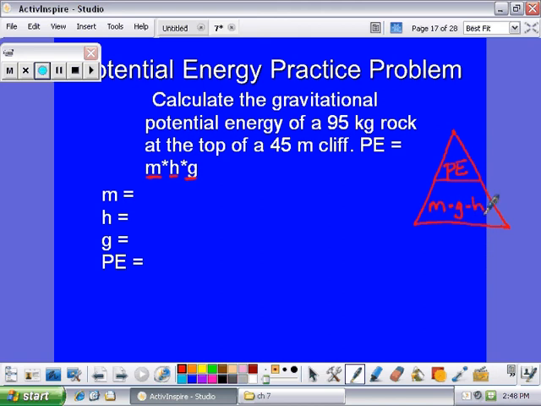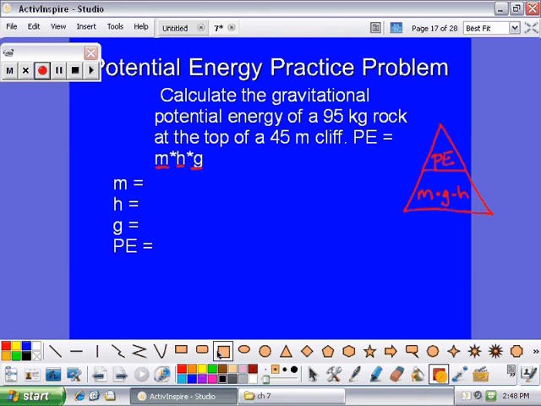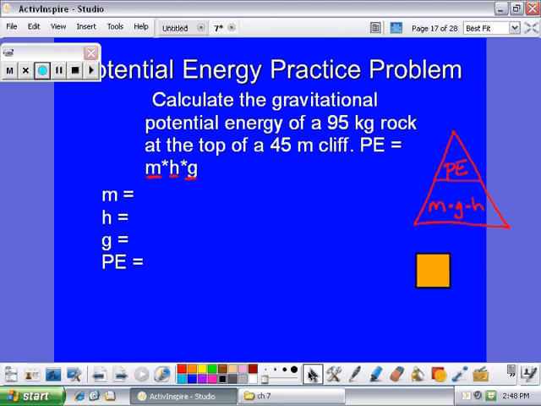The nice thing about this equation triangle is it is useful especially when you are asked to solve for different items of the equation. If you're solving for potential energy, you're going to cover it up.